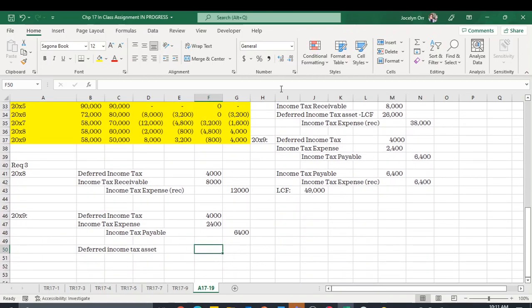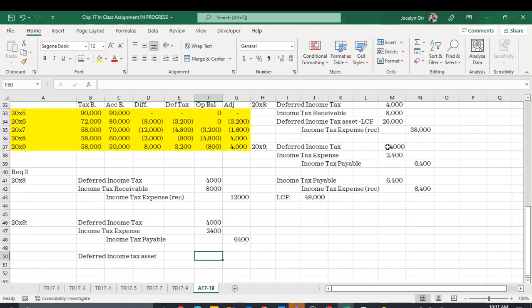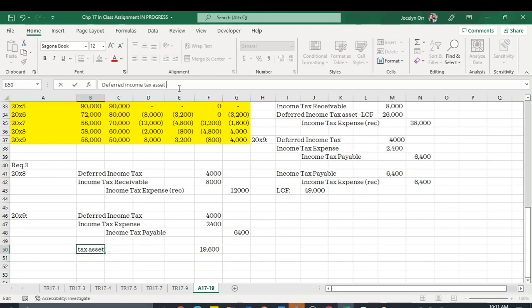Okay, so our deferred income tax asset, we know that when we recorded it in 20X8, it would have been at 26,000. But since then, we want to recover the 6,400 from 20X9. So I'm going to take the amount of my asset and subtract the 6,400, and that's going to give me my deferred income tax asset for my loss carry forward of 19,600.